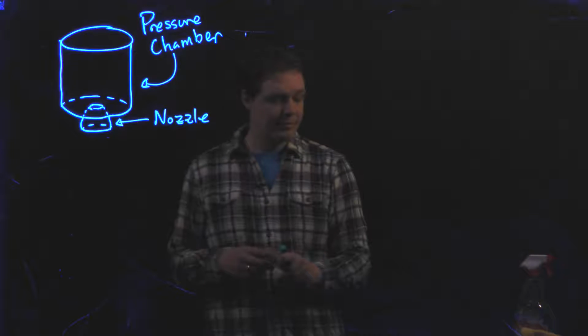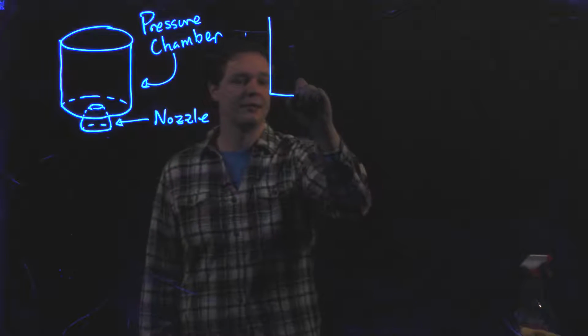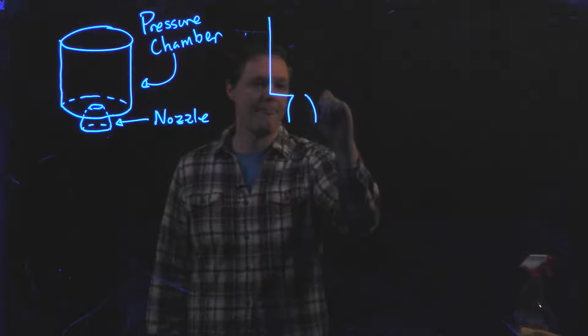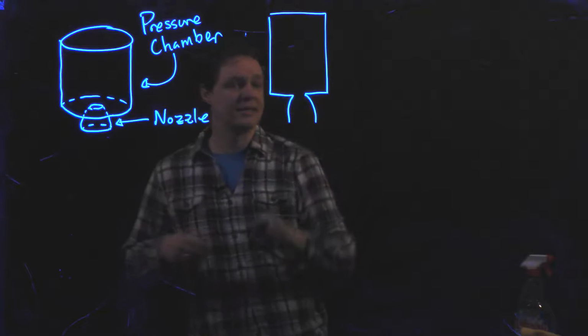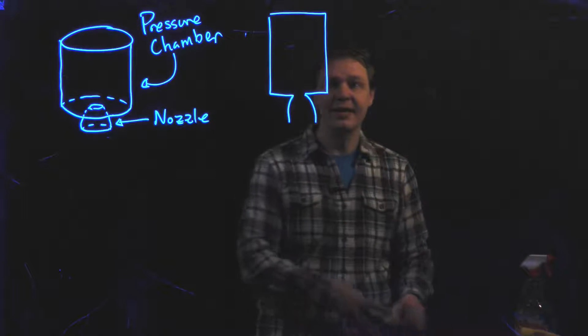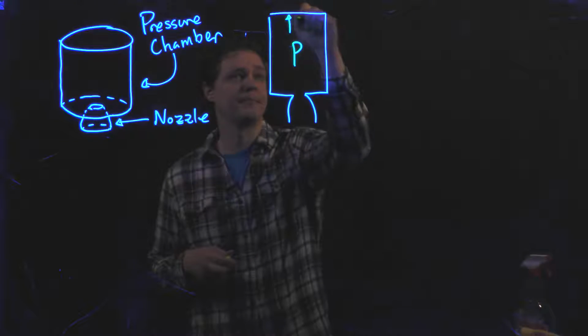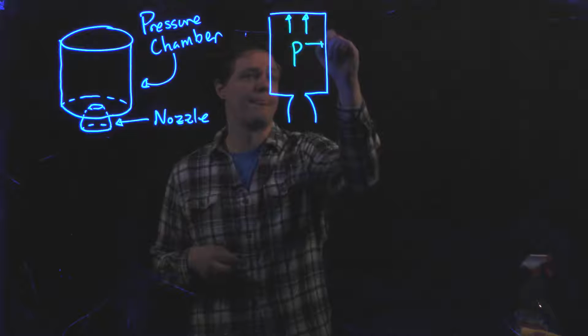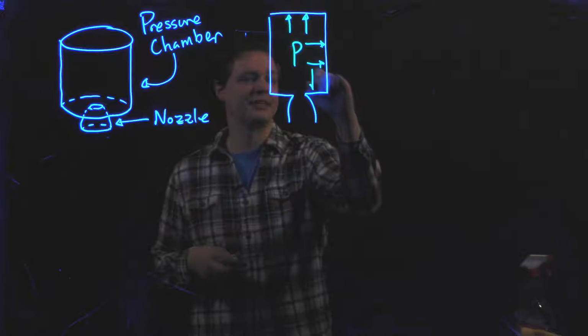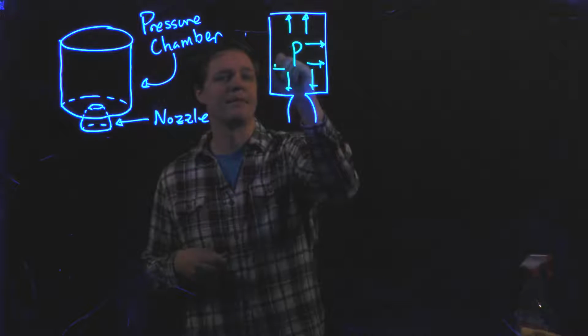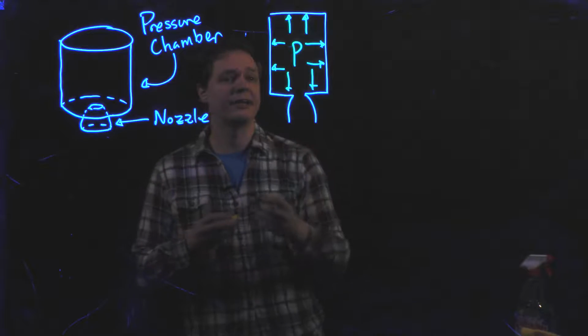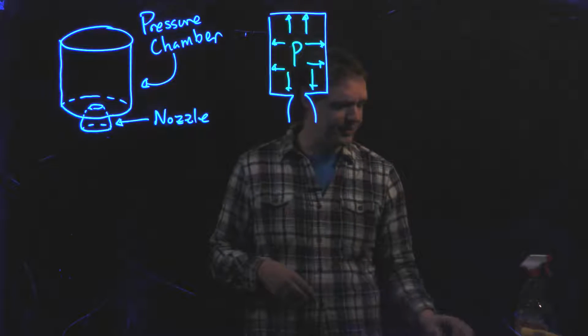Now, diagrammatically, the way that we might draw that is something like this, where inside the pressure chamber we have a high pressure gas. So these arrows are representing the pressure inside the pressure chamber, and it's pushing against all of the sides of the pressure chamber.